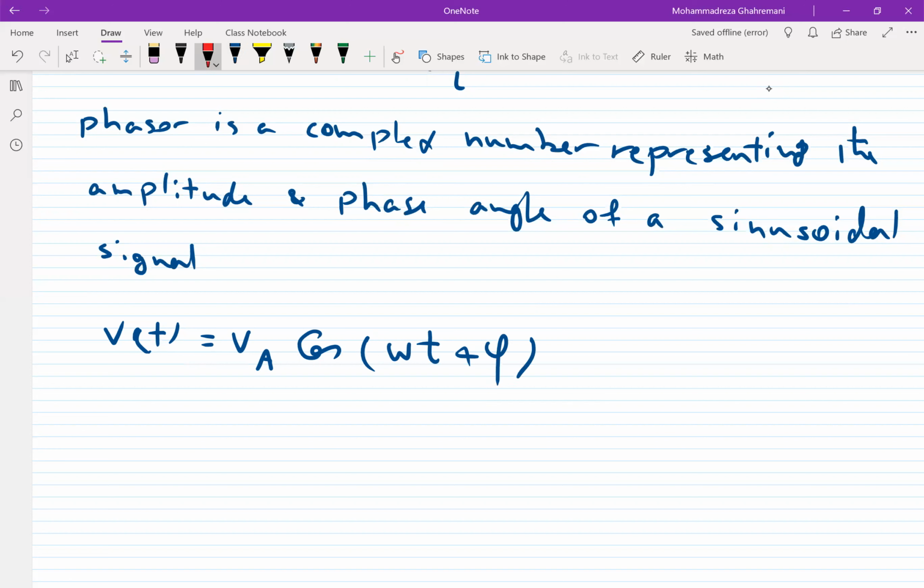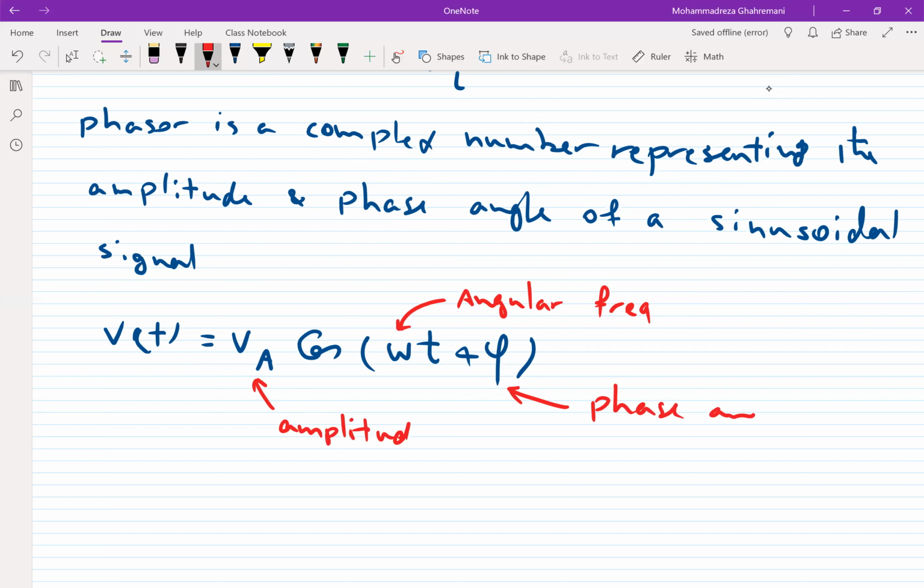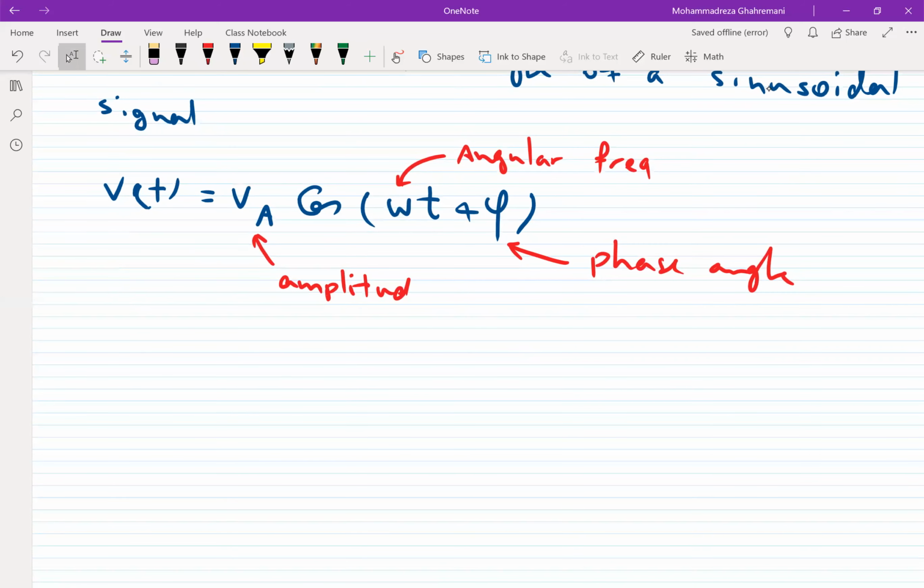We know that VA is the amplitude, omega is the angular frequency, and phi is the phase angle. Three important parameters for each sinusoidal signal.